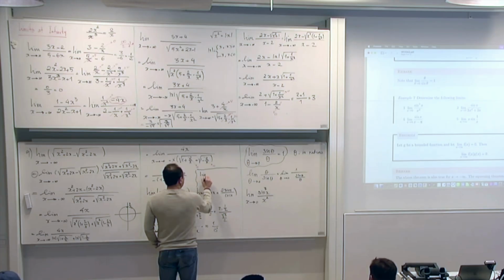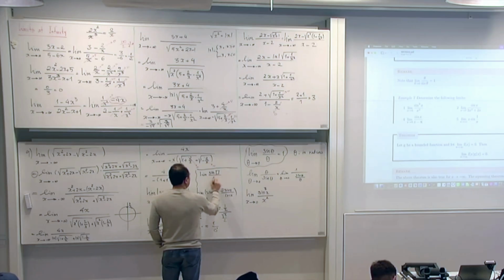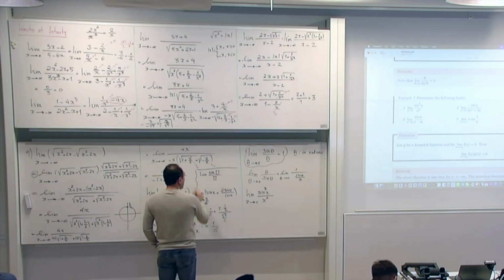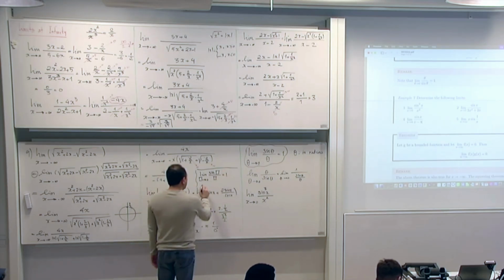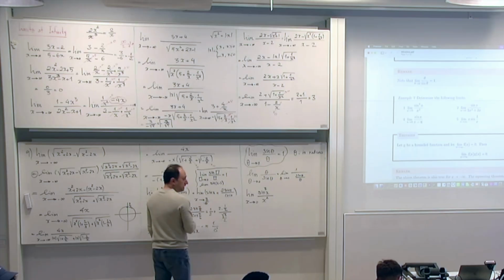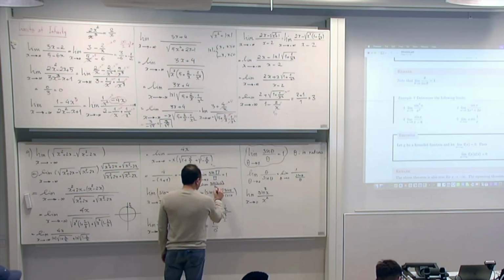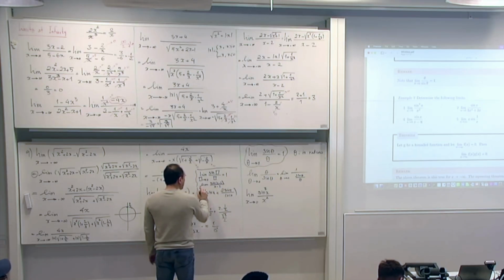Sine of a box, divided by the box itself, if the box goes to 0 is 1. So for example, if I ask you what is the limit of sine of x minus 2 divided by x minus 2, x goes to 2.